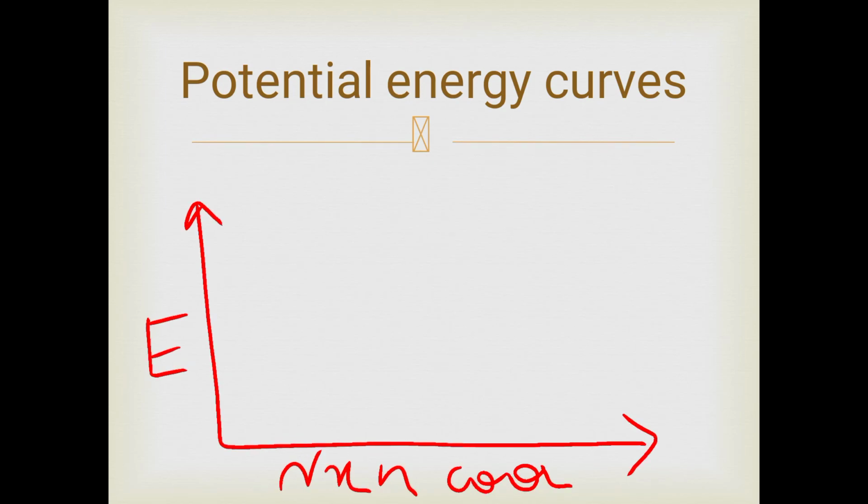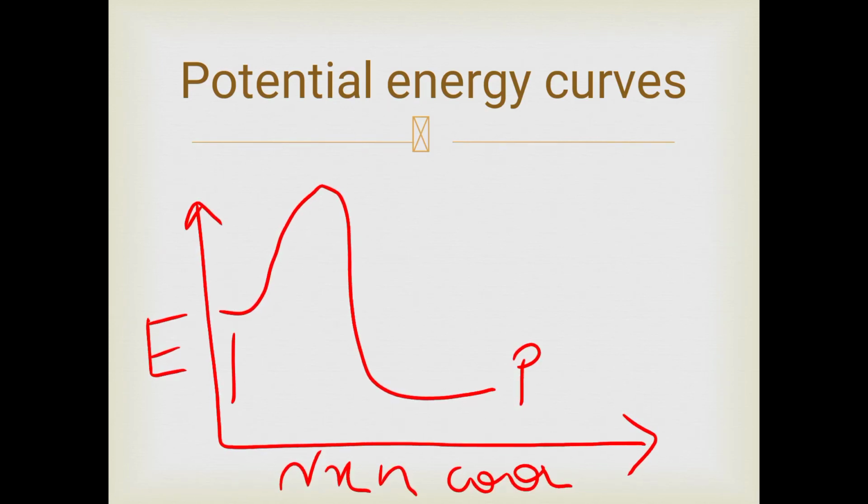Then the graph looks like this. Here is my product P, here is my reactant. Here the heat is given out, which is denoted by a negative sign. So just remember this graph. In case they plot certain graphs and ask you to identify the graph showing endothermic behavior or the exothermic behavior, you can identify easily like this.